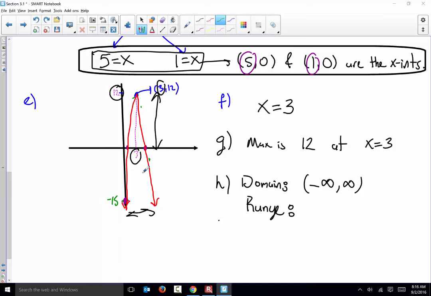For range, guess which axis we are going to compress it into? Which axis? No, y. Domain is x, range is y. So push this, take two plates and smash this picture to the y-axis. What's the image going to be on y?